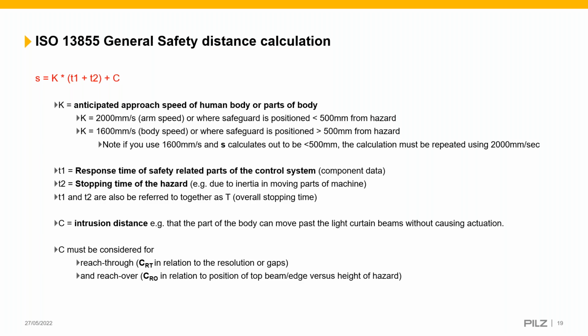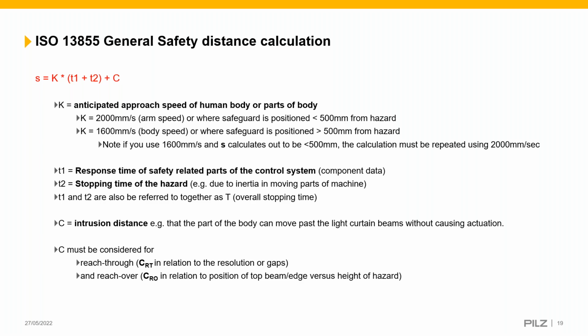And T value, which is made up of T1 and T2, is the part that needs to be physically measured. You can do a calculation from the response times of your safe electric control system, but you've also got to know what the mechanical stopping time is, which is T2, and this should be measured at full load, full speed, and a worst case scenario taken.